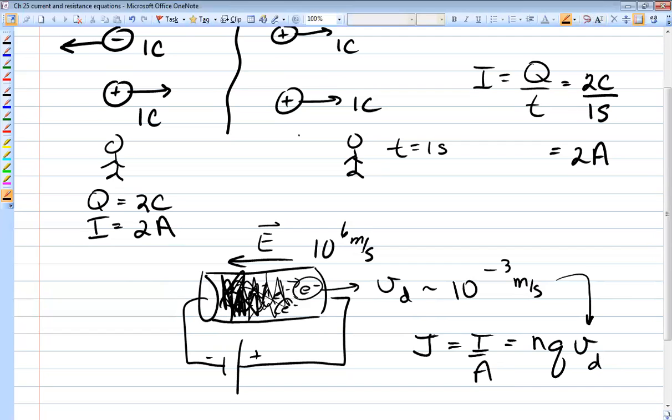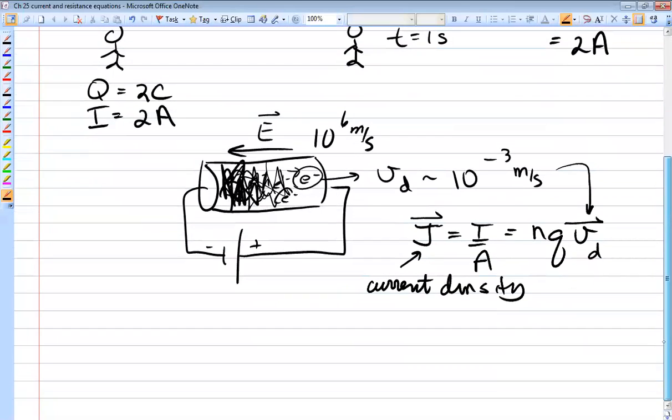So J is a new quantity for us. That is the current density. So this is all outlined in the PowerPoint slides. You can have a look. It gives you the units. It is a vector quantity because velocity is a vector quantity. Current itself is not a vector quantity, but A is a vector. It's normal to the cross-sectional area through which these electrons are flowing.